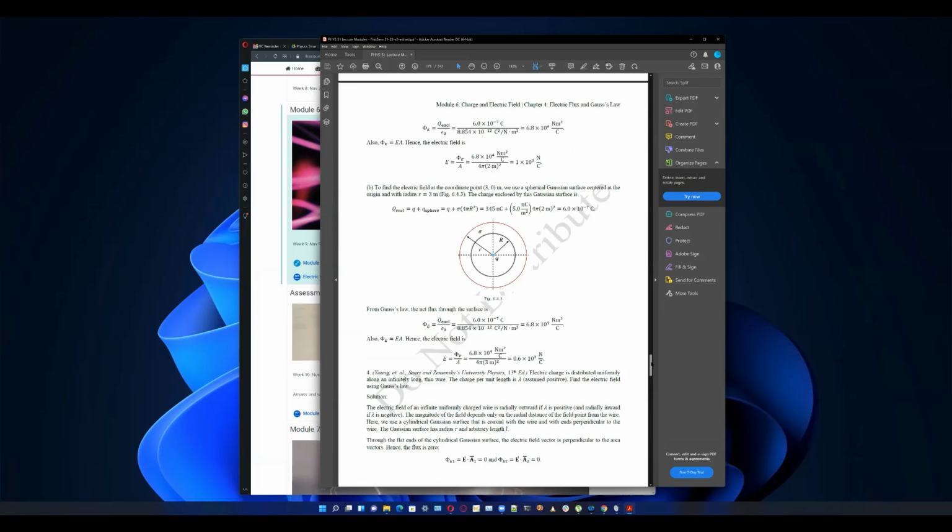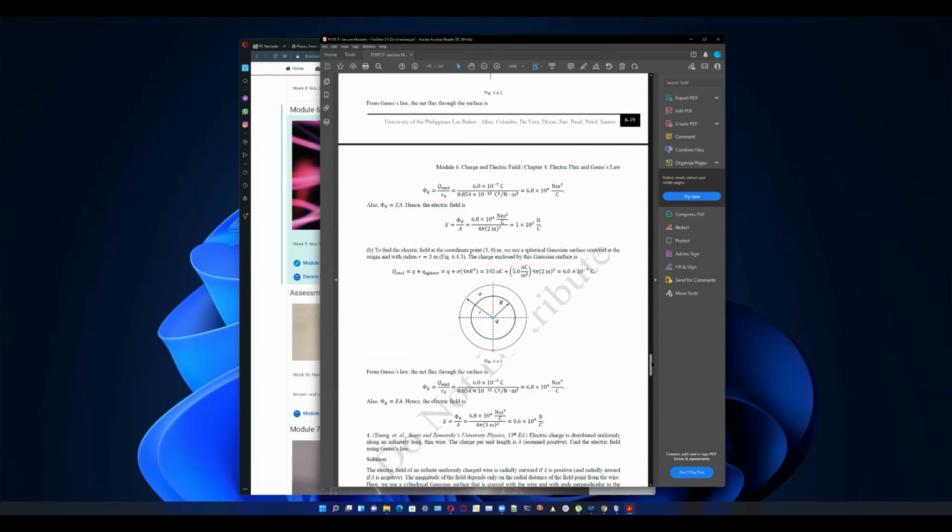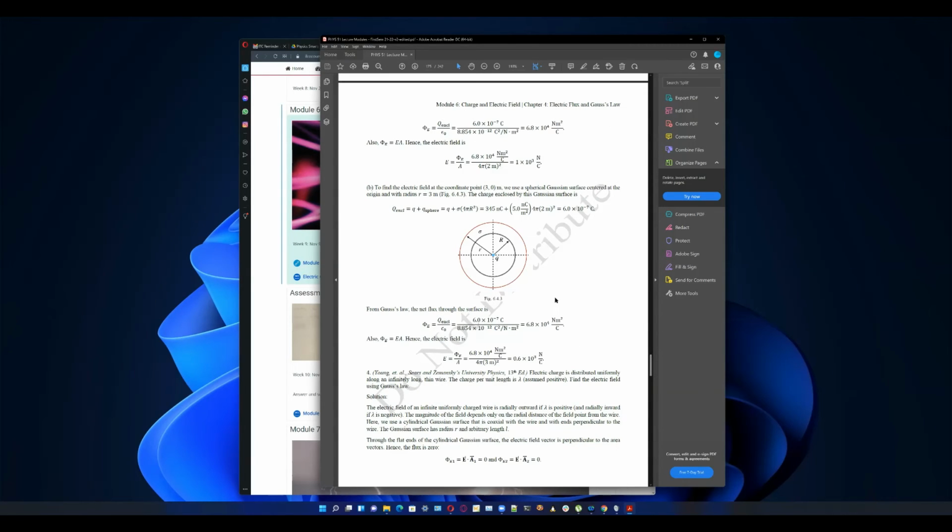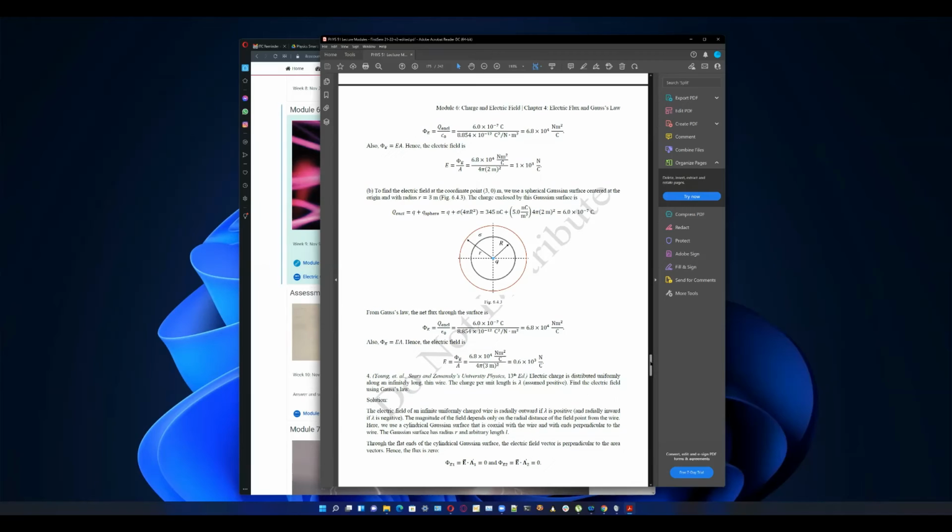So kung circular siya, and also pinapakita dito yung iba't ibang charge distribution. Kasi kung solid sphere, iba yung pag-distribute ng charges sa sphere. Kung hollow sphere siya, iba yung pag-distribute. Kung plane siya, parang area na rectangular, iba, and so on.